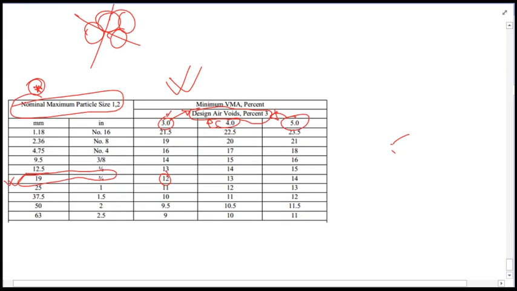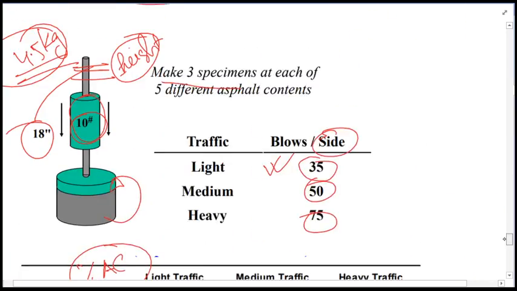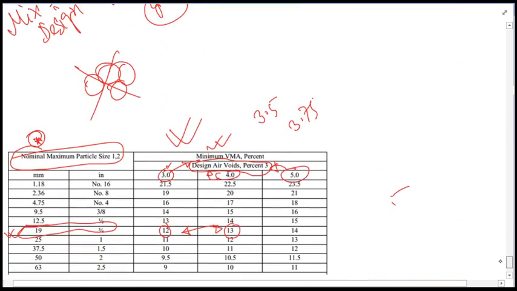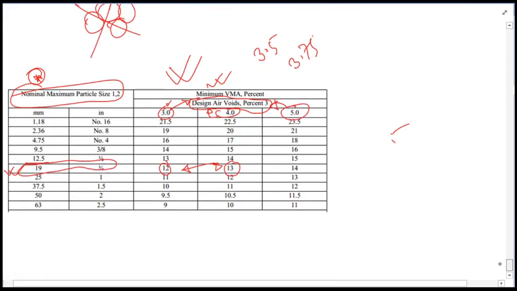If you find that the minimum VMA should be 12 for 3, 13 for 4, and in case the design air void you found is in between, say 3.5 or 3.75, then interpolation of these two will have to be done to get the minimum VMA, and you will have to check it against your obtained VMA to see whether it satisfies or not. Okay, so that's how we will be trying to show and see all the features of VMA.